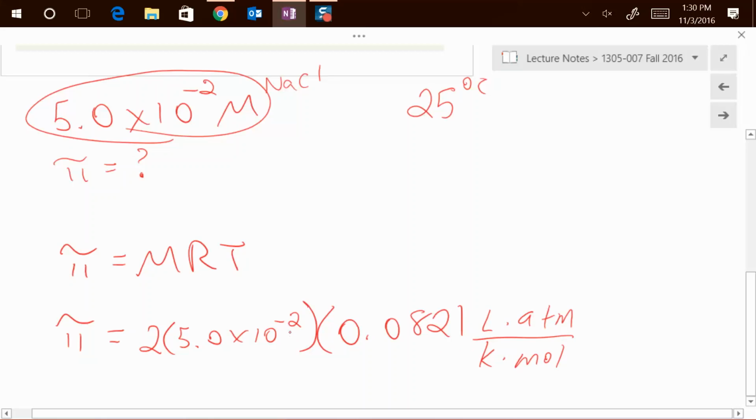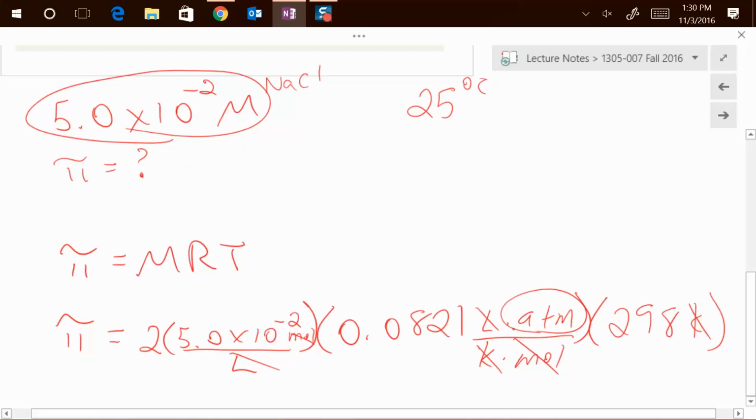This is molar, so it's moles per liter, times my temperature, which is what? 298 Kelvin. Kelvin temperatures cancel, moles cancel, liters cancel. I'm left with pressure, the osmotic pressure.